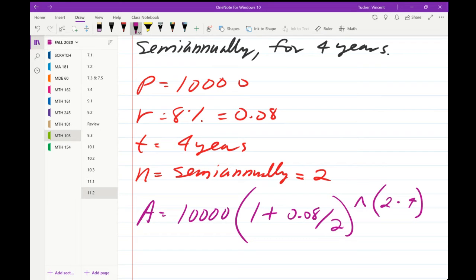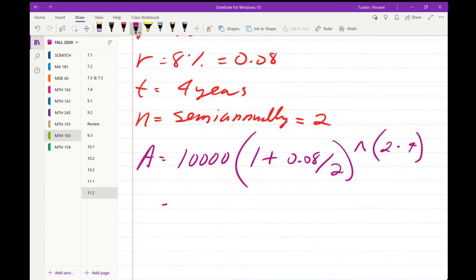If not, you have to break it down in pieces. So we can do it that way as well. The 10,000 will still be on the outside. Go ahead and divide that 0.08 by 2. It's 0.04. 2 times 4 is the exponent. It's 8.